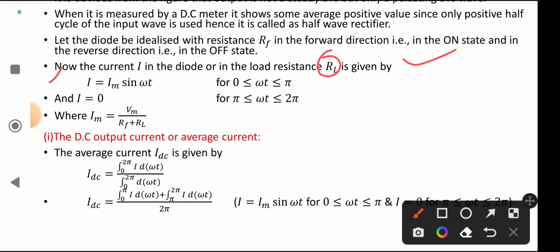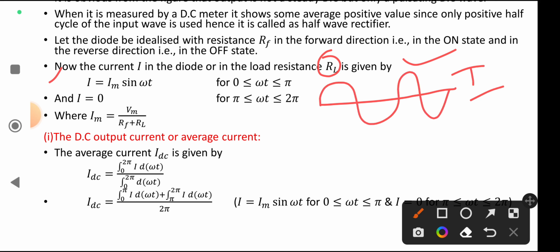See here the current. What waveform did we get? Let the input wave belong to the current. Then the output is what? It is positive, negative, positive, negative. A half wave rectifier works with only the positive half cycle. That means when this cycle is there, that cycle appears at the output.